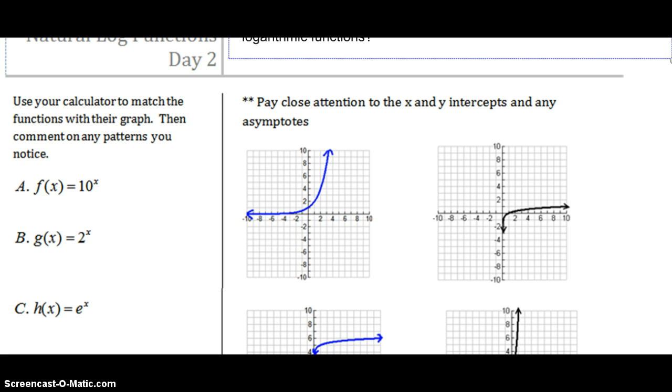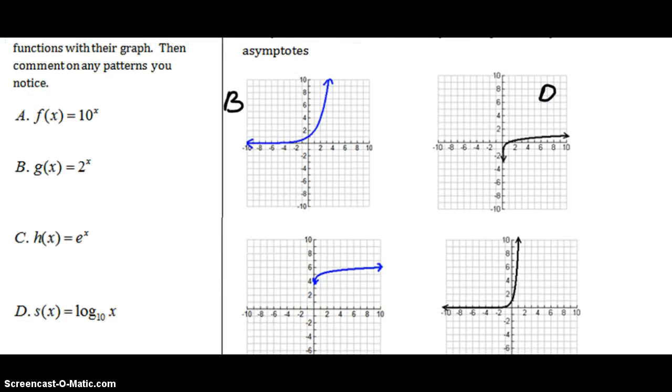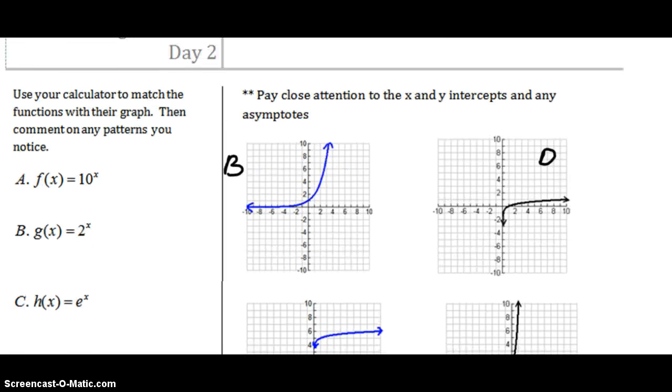Okay, when you matched them to the graph from your calculator, you should have noticed that this one is the B equation. So this is the y equals 2 to the x equation. This equation is the D equation, that one is our y equals log base 10 of x.